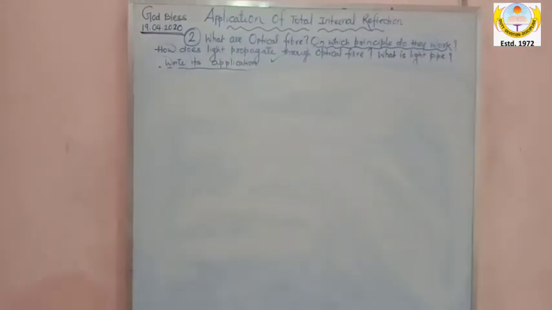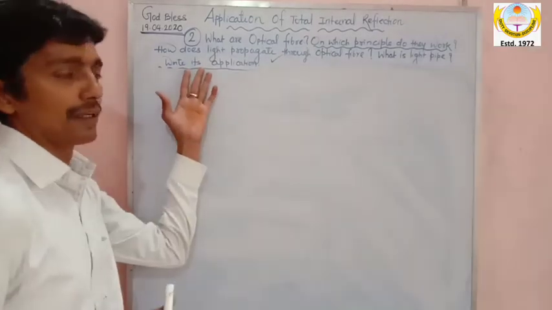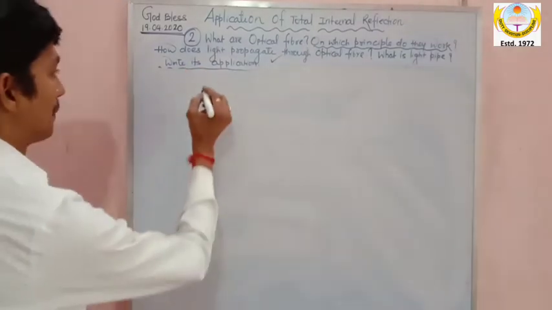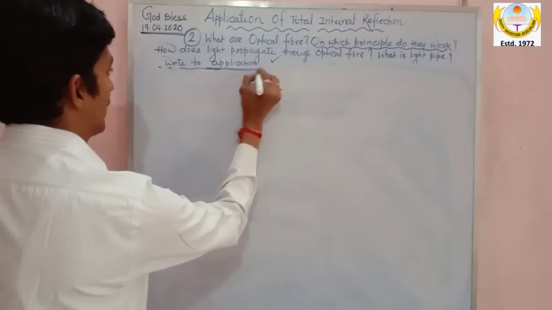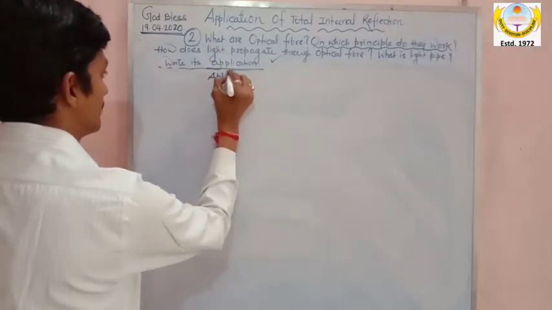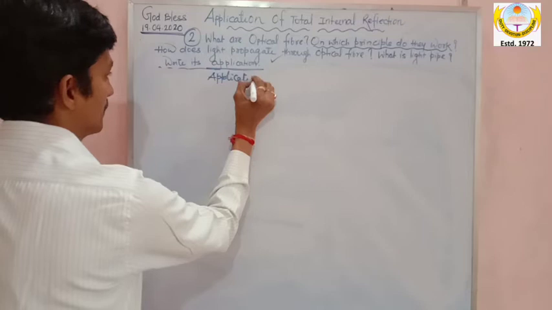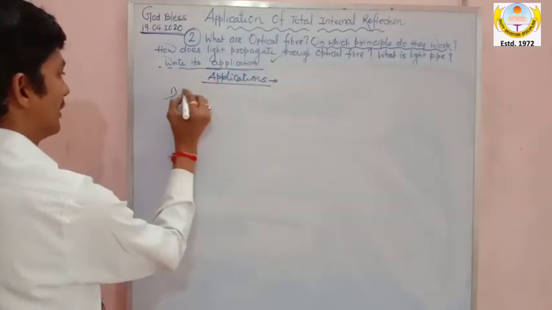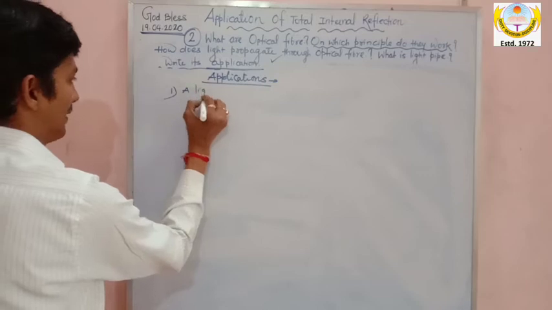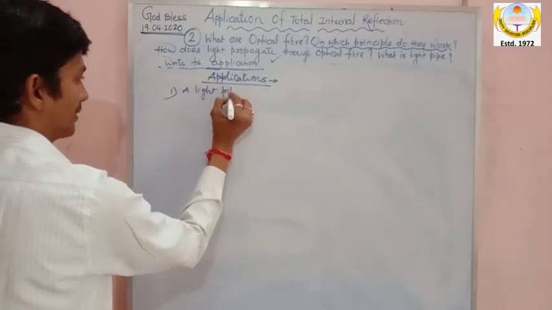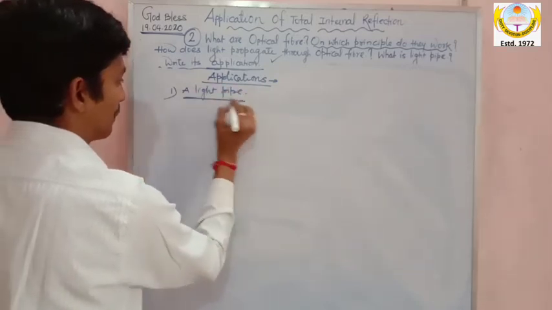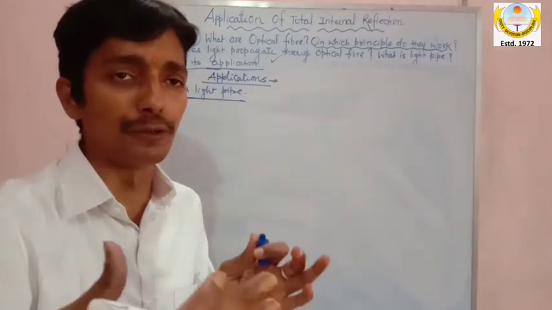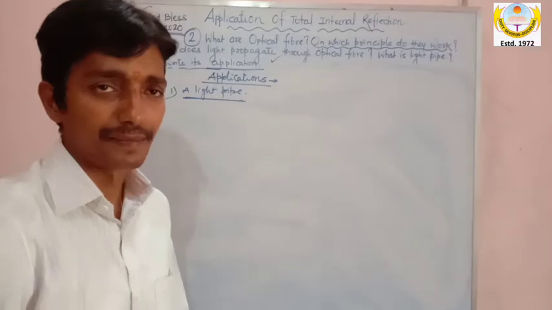So now, my dear, let's start with the applications of the optical fiber. That is the last part under optical fiber. What are the applications? So here I am writing applications. The first very important application is a light pipe. Right now I have taught about the light pipe, and this is the reason why we are teaching you the light pipe. So you should know where we are using this light pipe, where you are using this bundle of fibers. Am I clear?